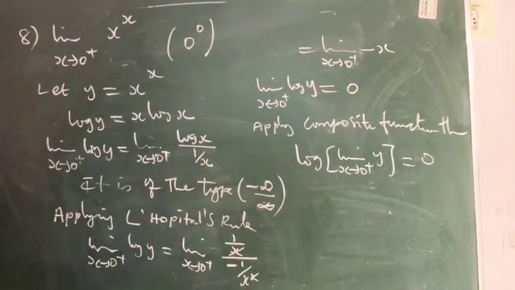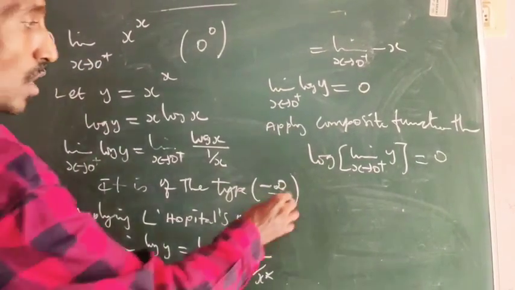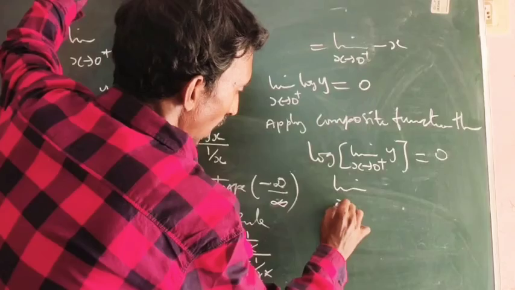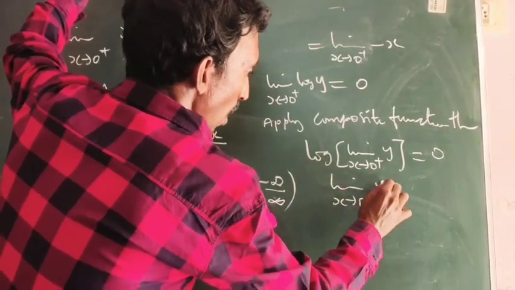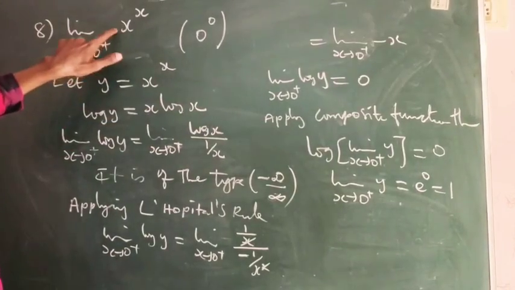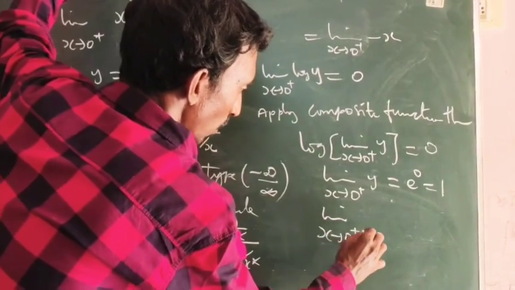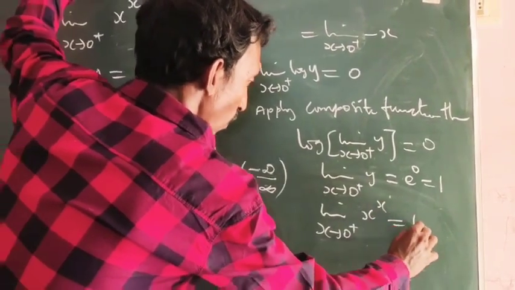So apply exponential e on both sides. Exponential and logarithmic functions are inverse, so e and log cancel. Limit x tends to 0 plus y equals e power 0, which is 1. So what is y? Already you can replace it here. So limit x tends to 0 plus x power x equals 1.